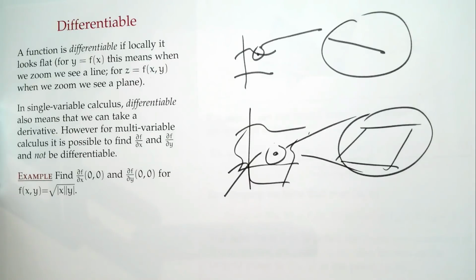So let's do a quick example here where we can have partial derivatives which are 0. In other words, they exist, but our function has problems. So here we go. I'm going to look at the function the square root of the absolute value of x times the absolute value of y. And I want to talk about these partial derivatives at the origin, at 0, 0.